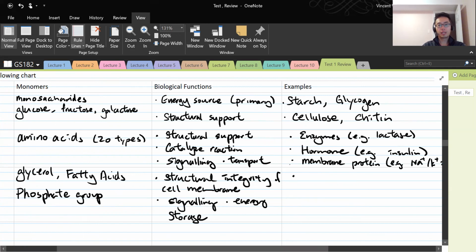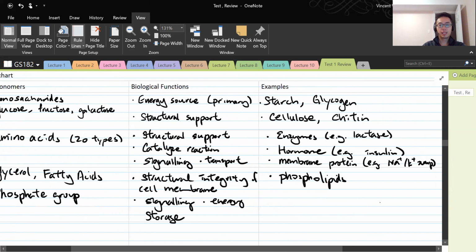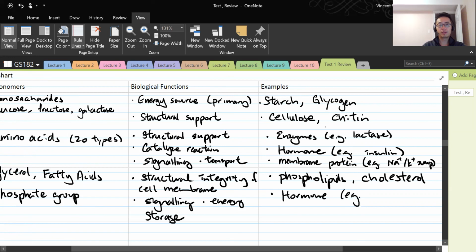So for example, for structural integrity, we have the phospholipids. Also found in the cell membrane is cholesterol. For signaling, it's also hormones. An example of steroid hormones would be testosterone.